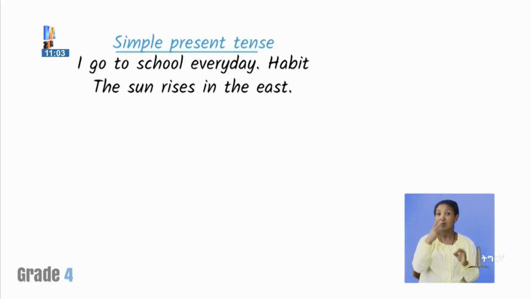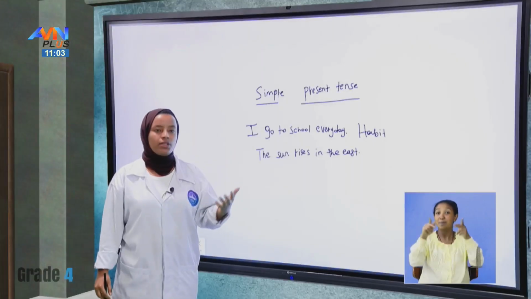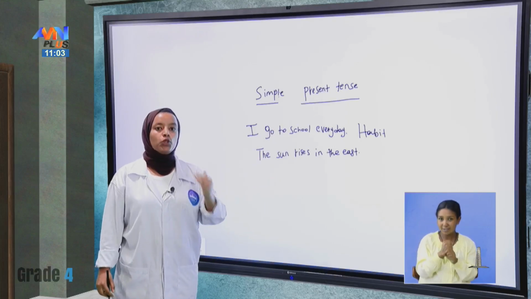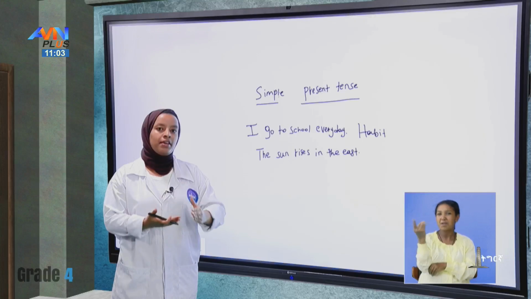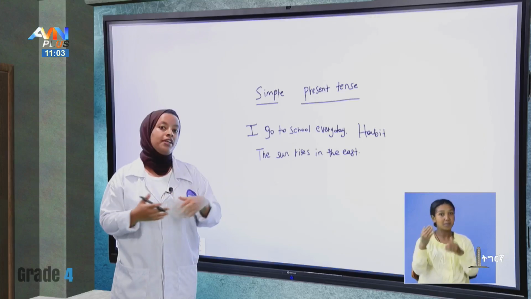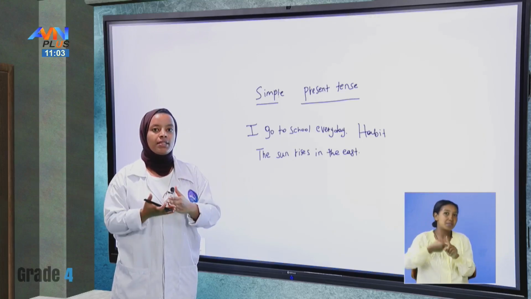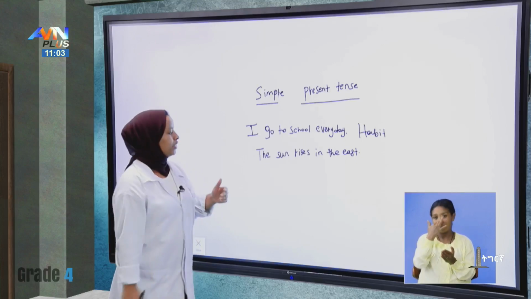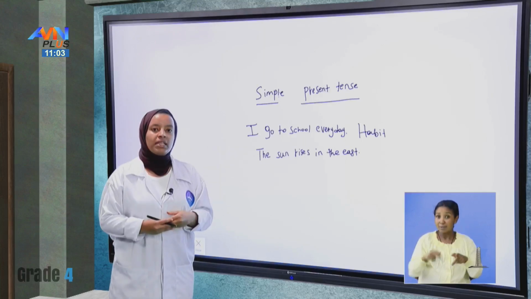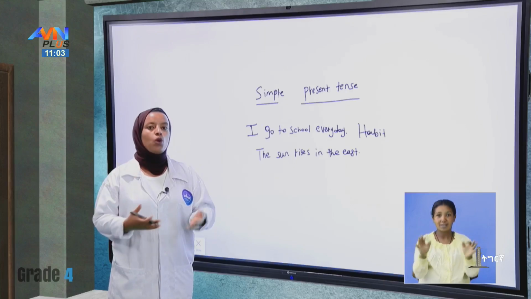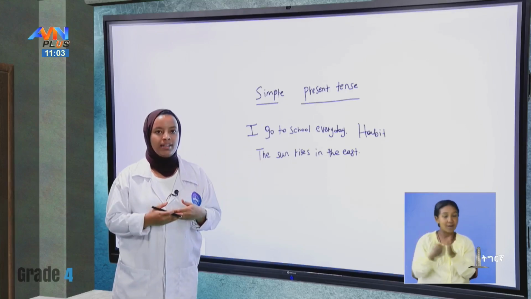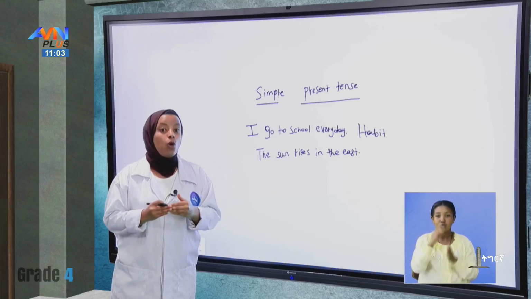Look, students, we can use simple present tense first to show habitual action that you are doing every day or every week. It might be every month. It has to be frequent and also a habit. The next one is to describe or show general facts and truths that are always the same.